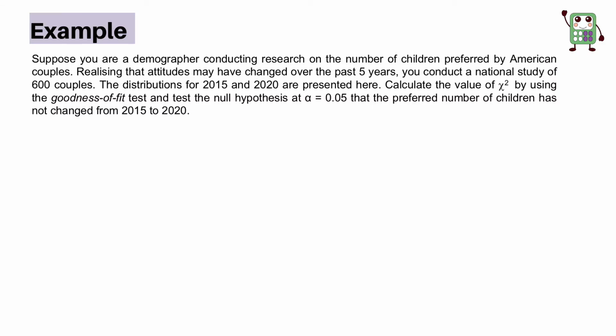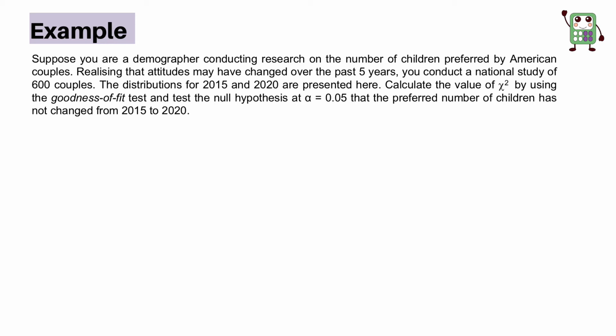Now let's have a look at one example of a non-parametric question that requires the use of goodness of fit test. Suppose you are a demographer conducting research on the number of children preferred by American couples. Realizing that attitudes may have changed over the past 5 years, you conduct a national study of 600 couples.